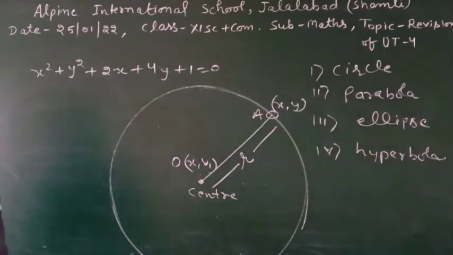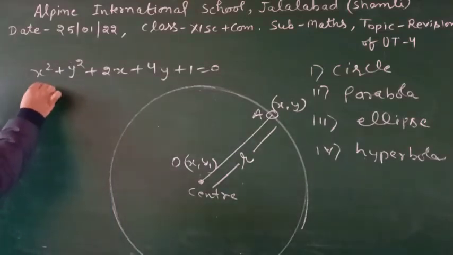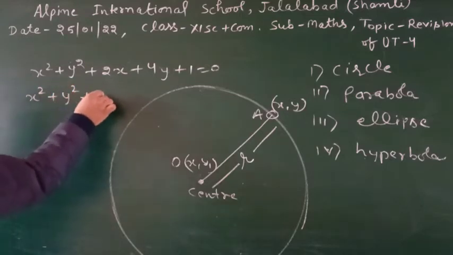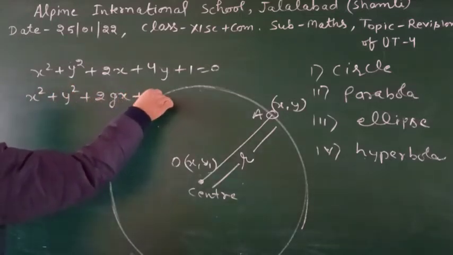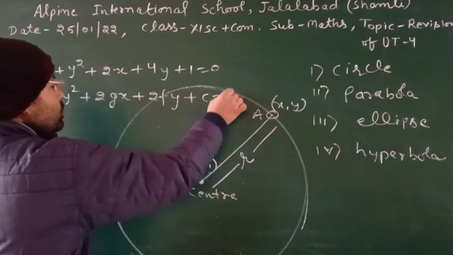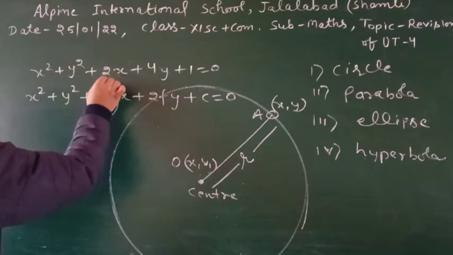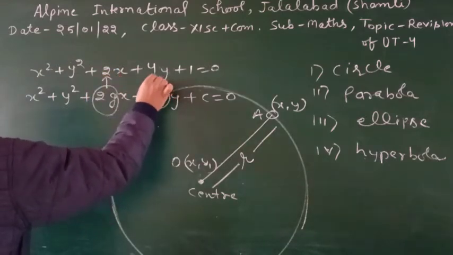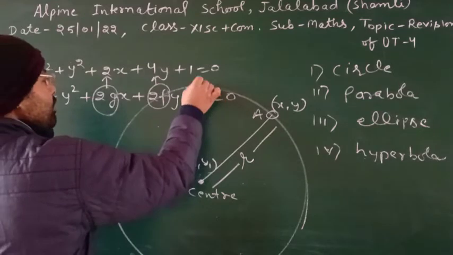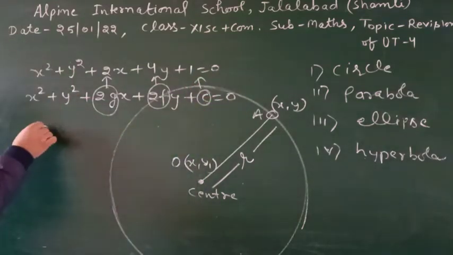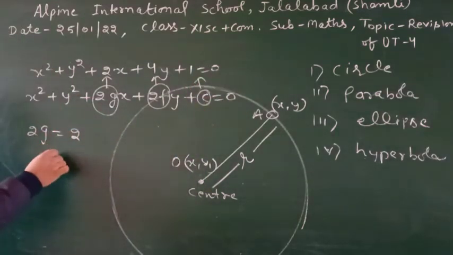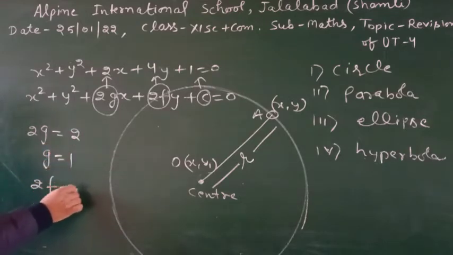So first of all, to find the center and radius, we have to compare it with the standard equation of a circle, which is x^2 + y^2 + 2gx + 2fy + c = 0. So the value of 2g will be 2, the value of 2f will be 4, and the value of c will be 1. So 2g equals 2 and the value of g is 1. The value of 2f is 4, so the value of f is 2.